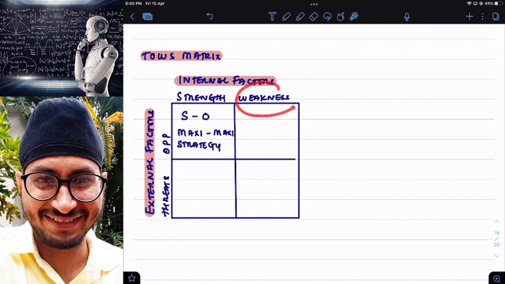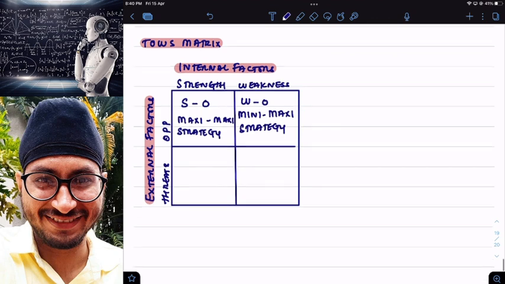Second one, weakness and opportunities, WO. Weakness should be minimum, mini, and opportunity should be maximum, maxi. Mini-maxi strategy.